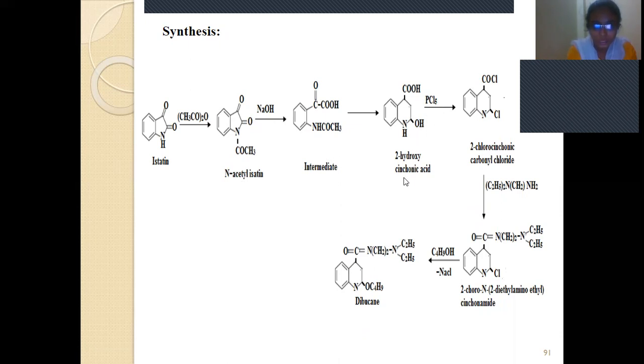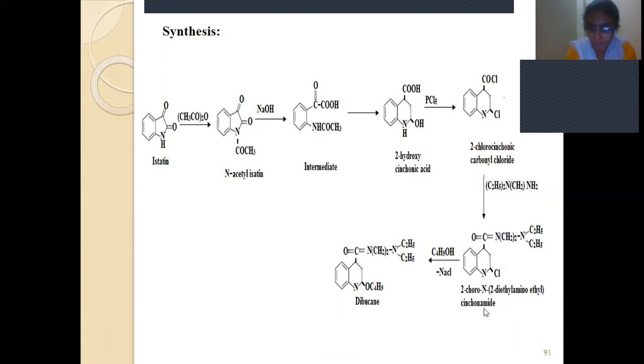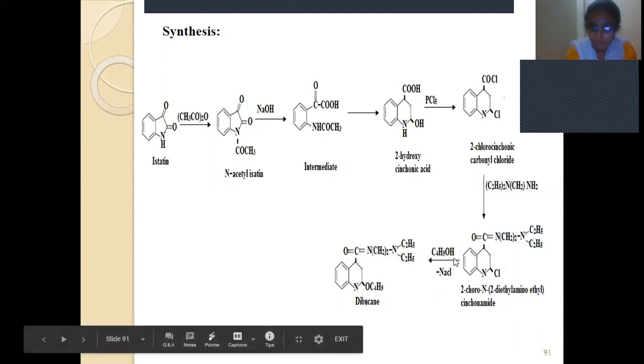In the presence of phosphorus pentachloride, 2-chlorocinchoninic carbonyl chloride is formed. In the presence of diethyl amino ethylamine, the 2-chloro and 2-diethyl amino ethyl cinchonamide is formed. In the presence of butanol, the sodium chloride is eliminated to get dibucaine.